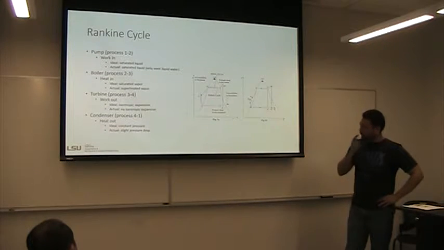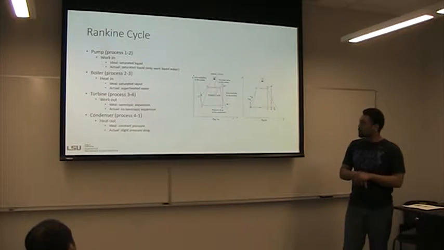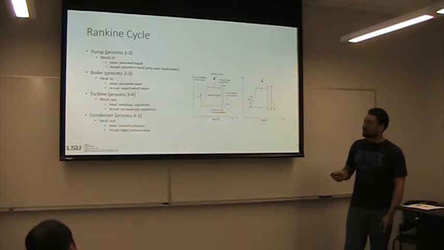The Rankine cycle, to get a complete cycle, you need to have a complete loop. So this thermodynamic cycle loop is composed of 4 components: a pump, a boiler, a turbine, and a condenser. In this experiment, unfortunately, we did not have a pump which pumped water back into the boiler, but most of them do.